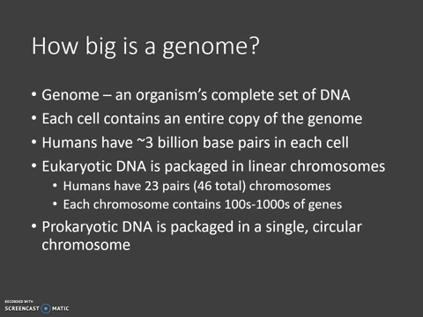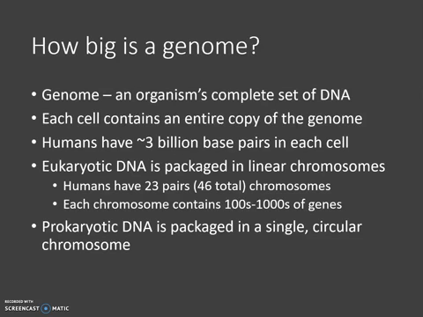So we've talked a little bit about how in eukaryotes we have 46 total chromosomes that are packaged as 23 pairs. And these are the chromosomes that we get from our parents. And so these 23 pairs of chromosomes make up your genome.